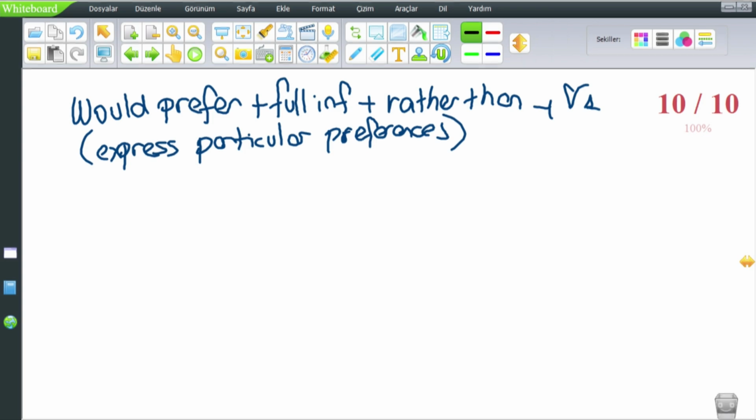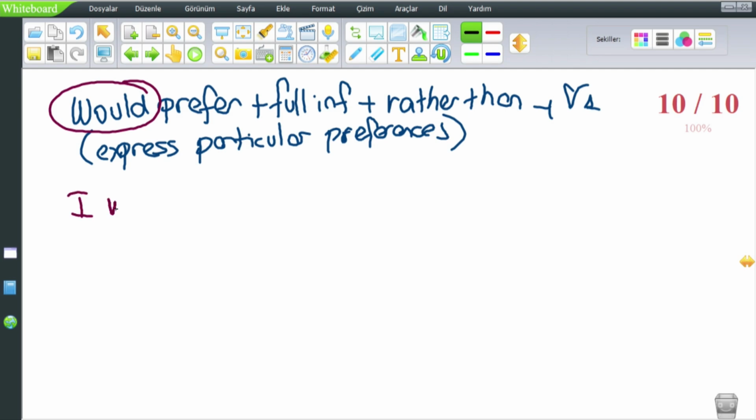Actually, the grammar rule is kind of the same as the last one that we have studied. We only added would, and after that it's all the same. Let's make an example.